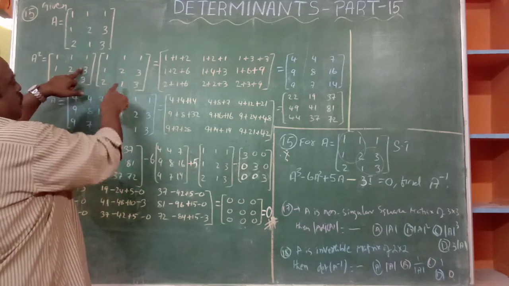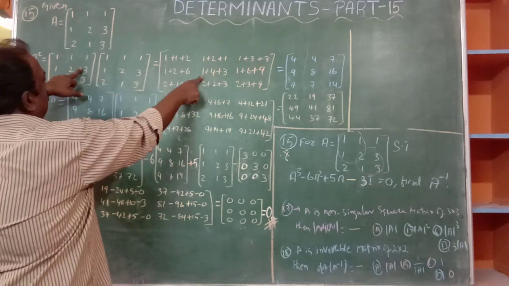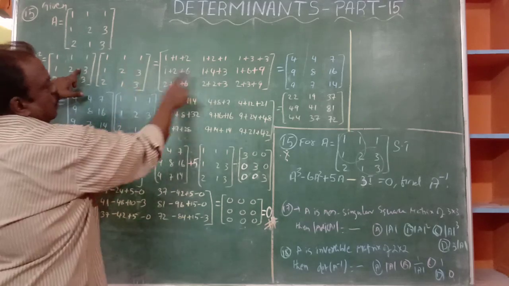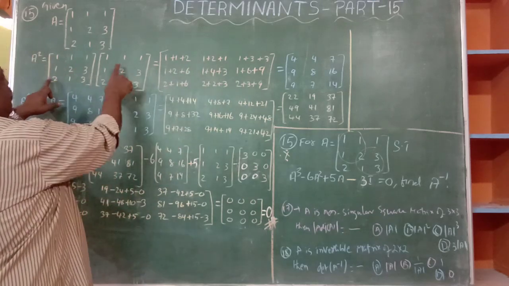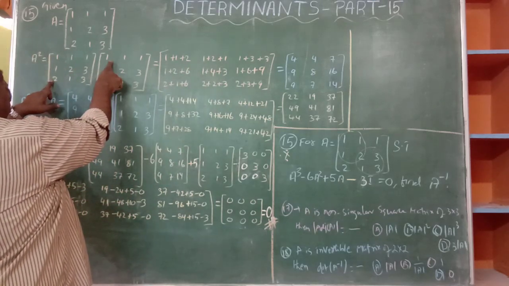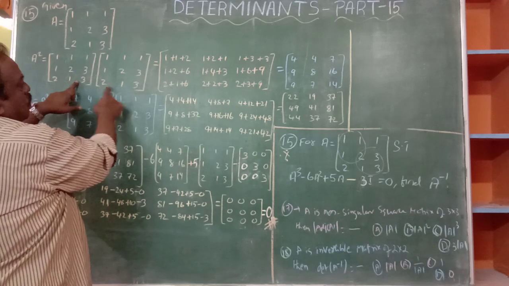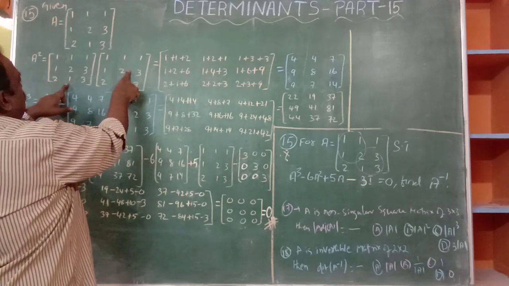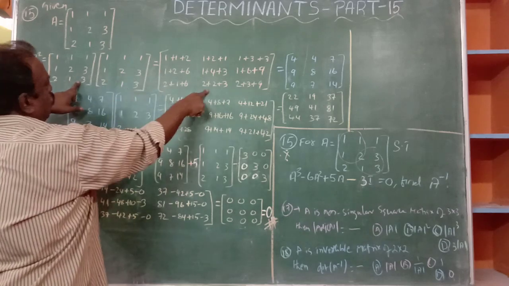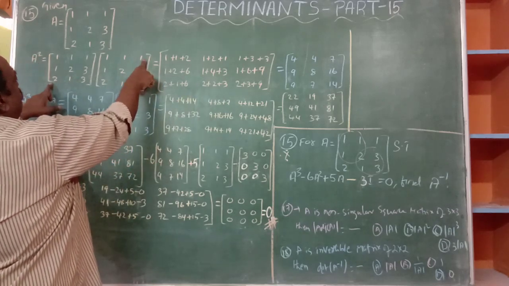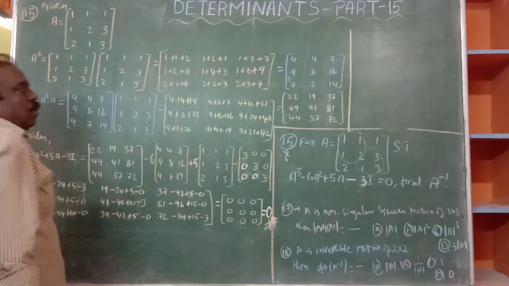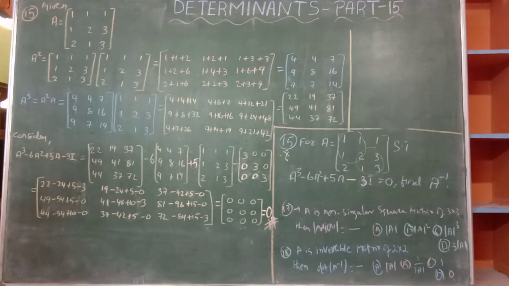You observe my fingers. Again 1 into 1, 2 into 3, 3 into 3. Again 2 into 1, 1 into 3, 3 into 3. Now we know how to multiply two matrices.